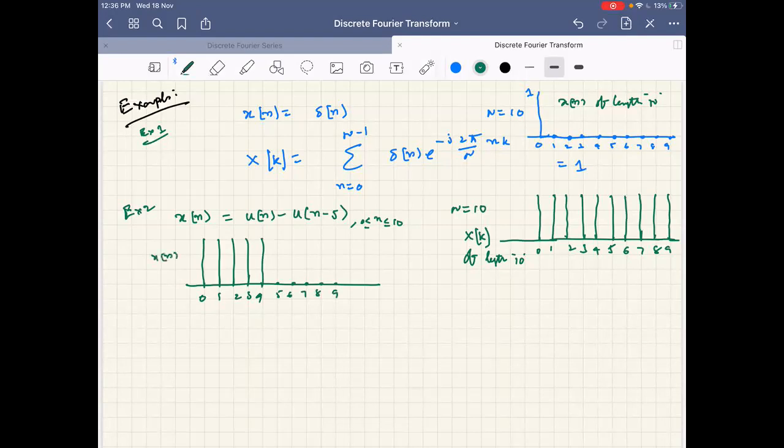Now, if you want to find the discrete Fourier transform for it, simply the frequency representation, we have the summation of e power minus j 2 pi by 10, where N is 10 here, please note that, with n varying from 0 to 4.